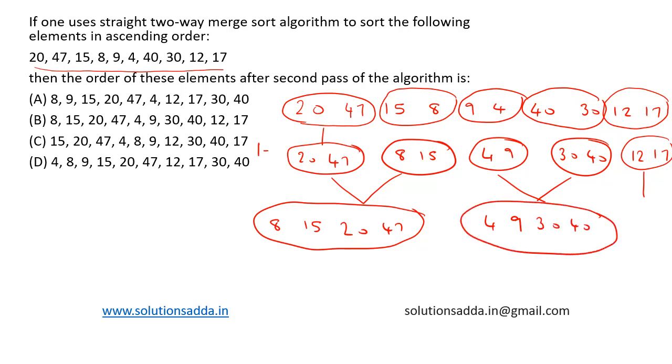This would be the second sorted list. This would be 12 and 17. This is round 2. Now based on the options, option B is matching. We have 8, 15, 20, 47, which is the same. Then we have 4, 9, 30 and 40. Then we have 12 and 17. So option B is the right answer here.